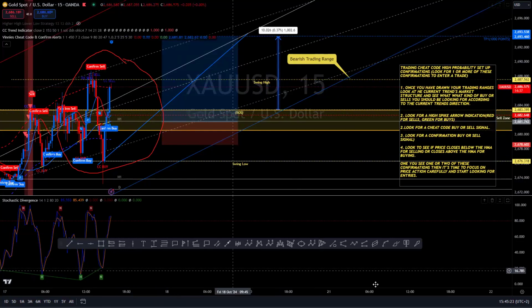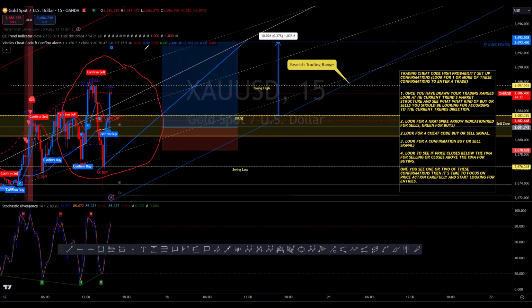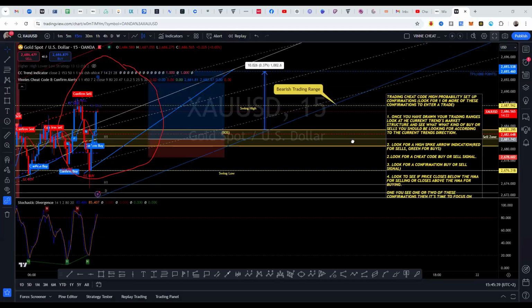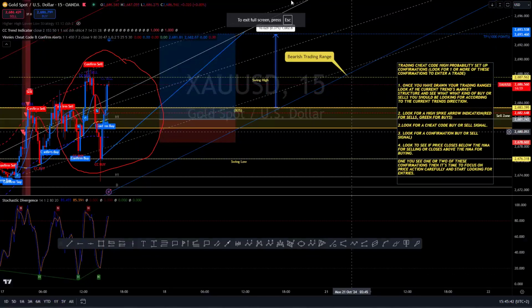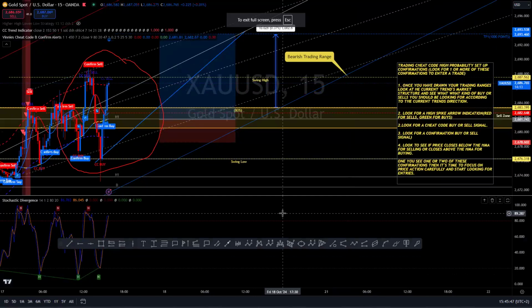So price might come back down to this structure, retest the same area and then go up. I'm not going to jump in yet. Maybe this might be a sell. Give me another break of that.